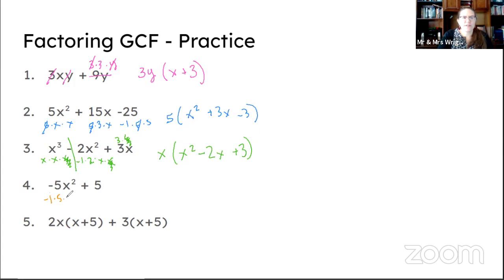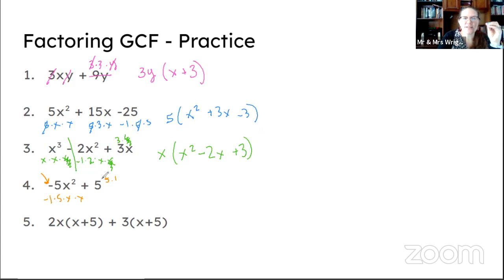-1 times 5 times x, and this is simply just 5 times 1. All right, we're not going to take out the ones because that's a -1 and that's a +1. But I do need to have it as a negative, because remember, if our first term is negative, then our common factor has to be negative.